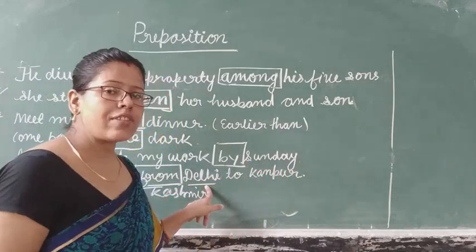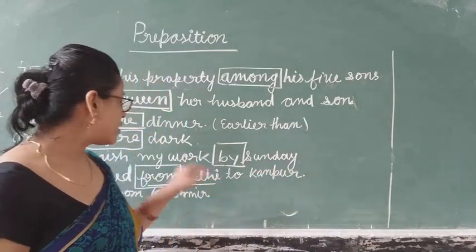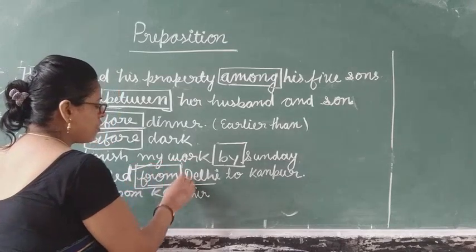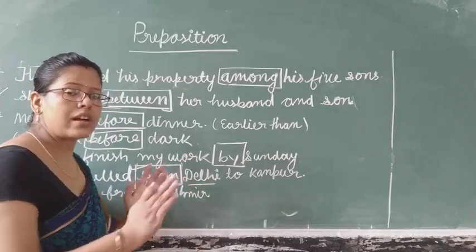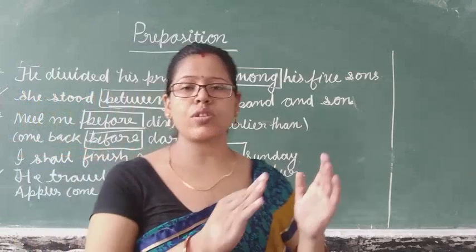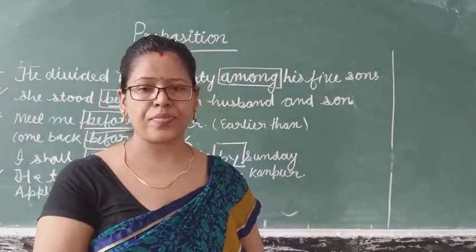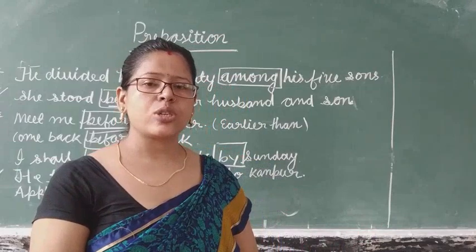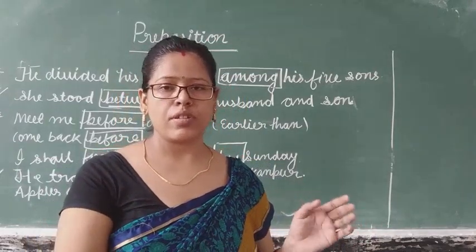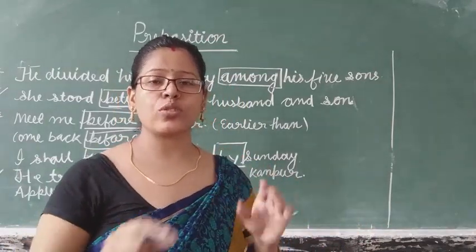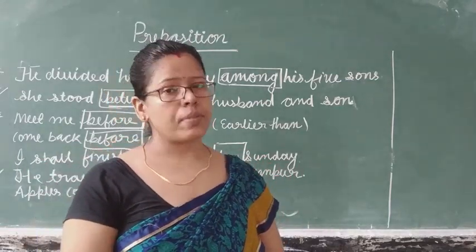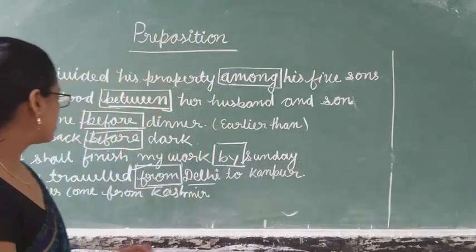He started travelling from Delhi, and that is why we use from here. कहाँ से कहाँ तक आप लिखते हैं ना? You write in an application also: you are requested to kindly grant me leave from this to this. There also you have to use the preposition.